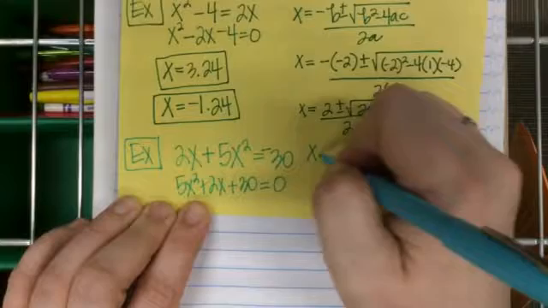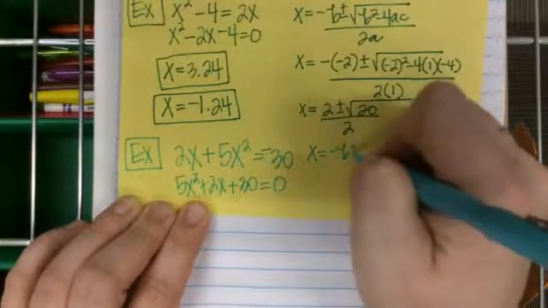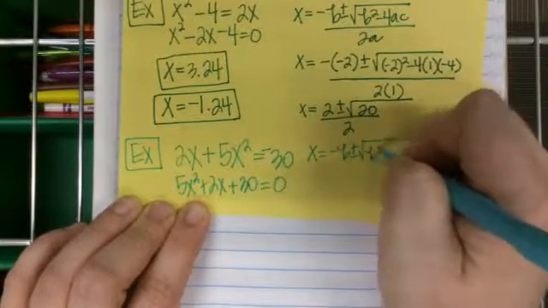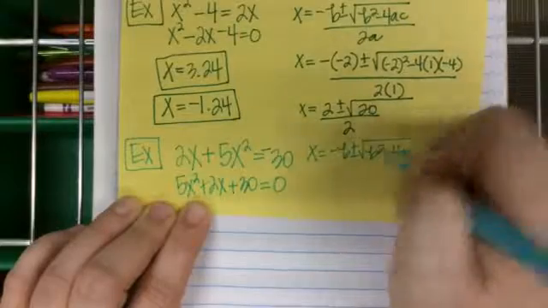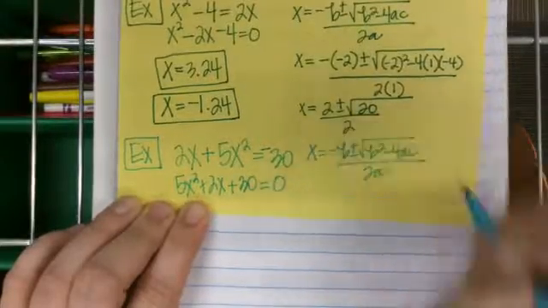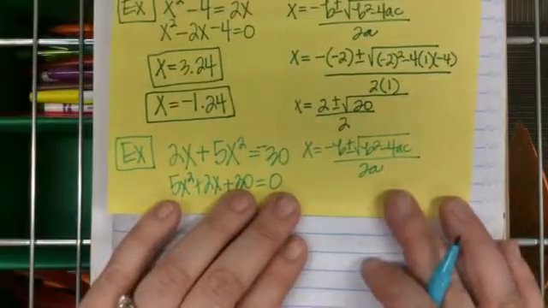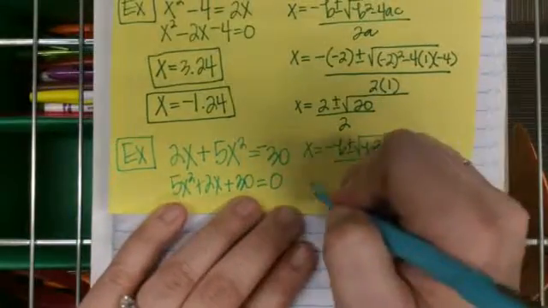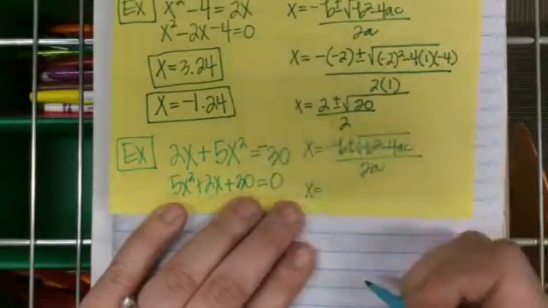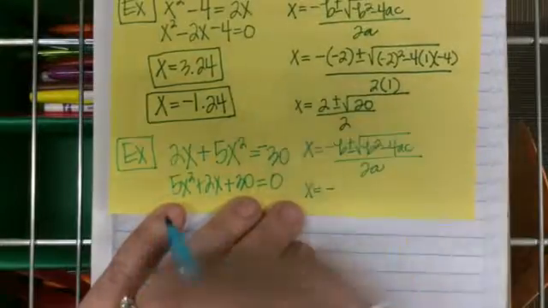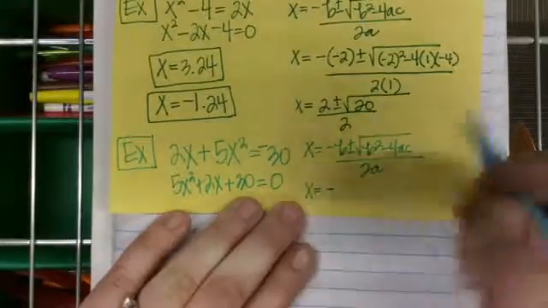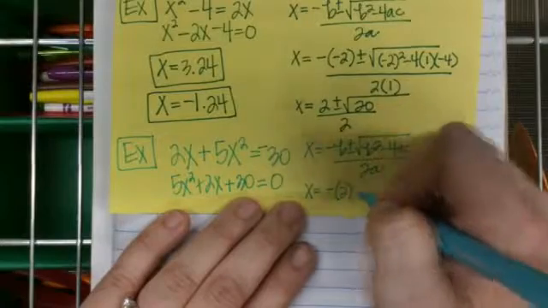All right, so x equals negative b plus or minus square root of b squared minus 4ac all over 2a. X equals what's negative, what's our b value? 2.